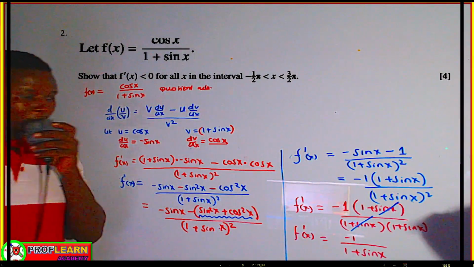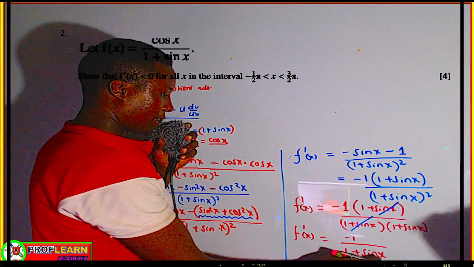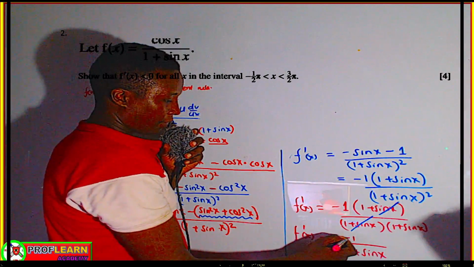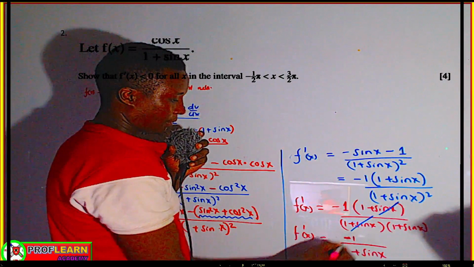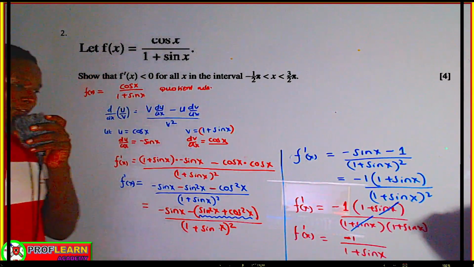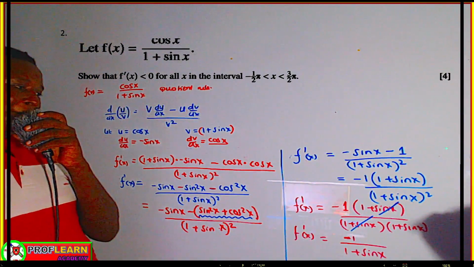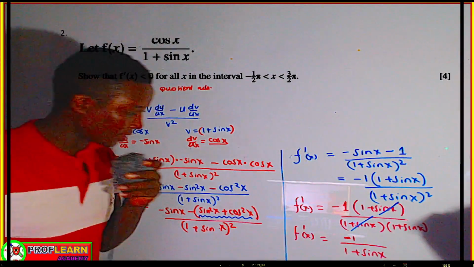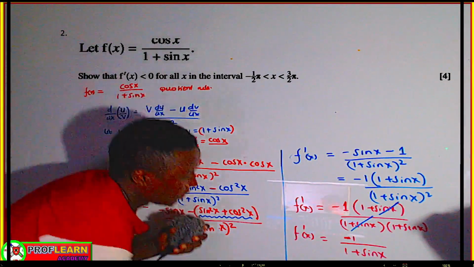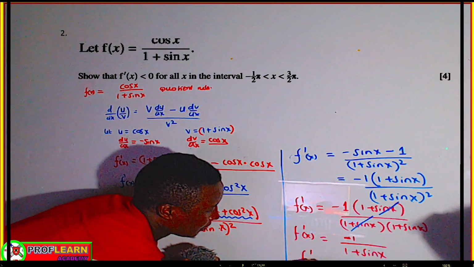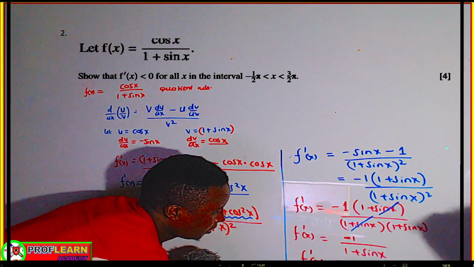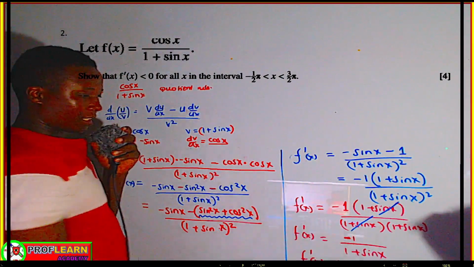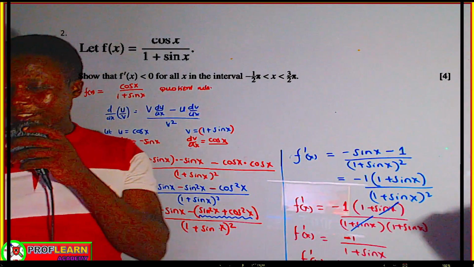So for all values of x, since this function is having a negative here, this is going to be negative. So f of x is actually going to be less than 0. It's going to be negative because we are having that negative at that particular point.